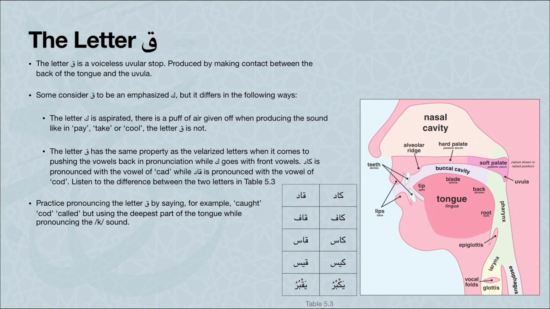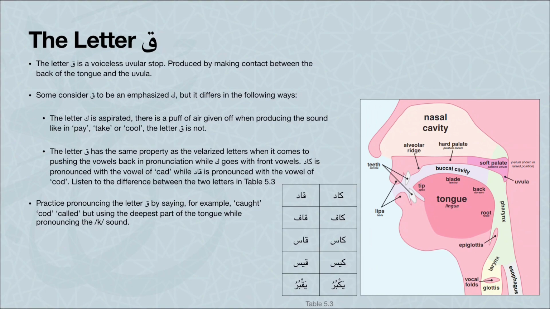In contrast to the sound s, s. If you make the sound s, you don't feel such vibration. Actually, it doesn't vibrate at all. So this is what we mean by voicing. If a letter or a sound makes your voice box vibrate, it's a voiced letter or a voiced sound. If it does not, it's a voiceless sound.